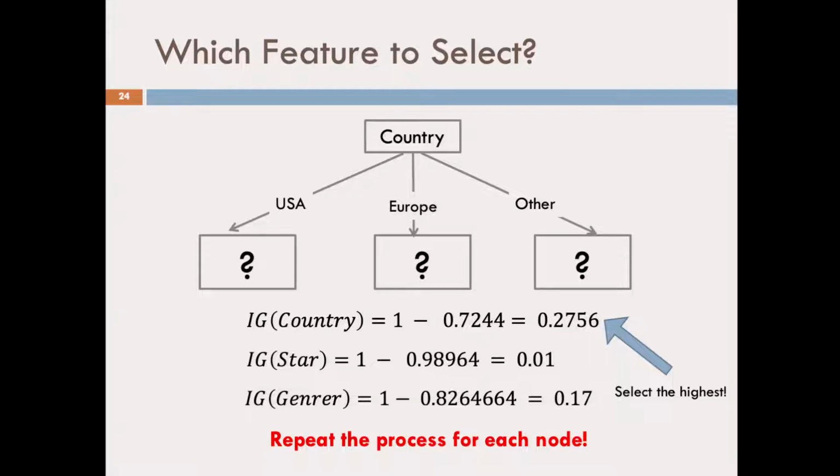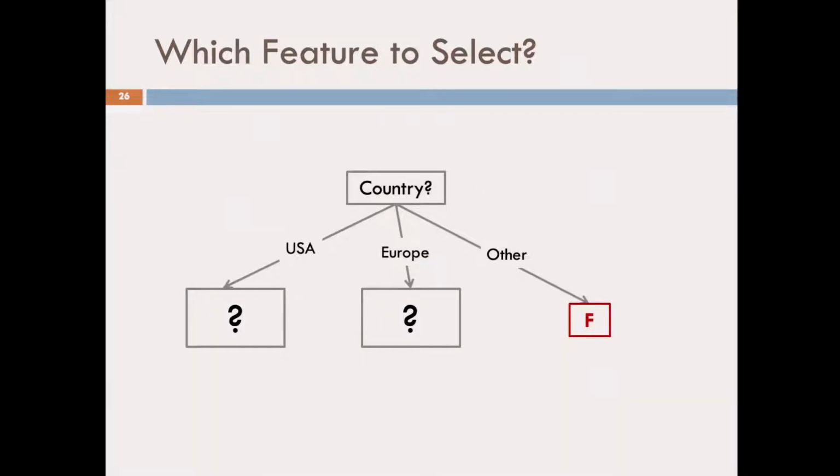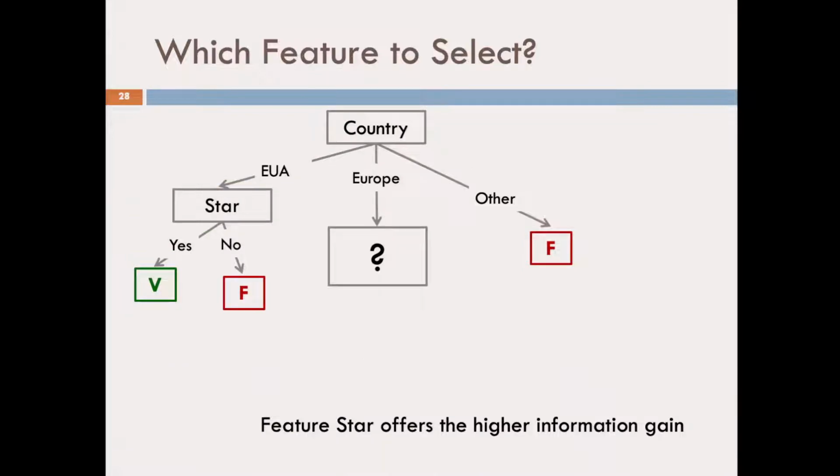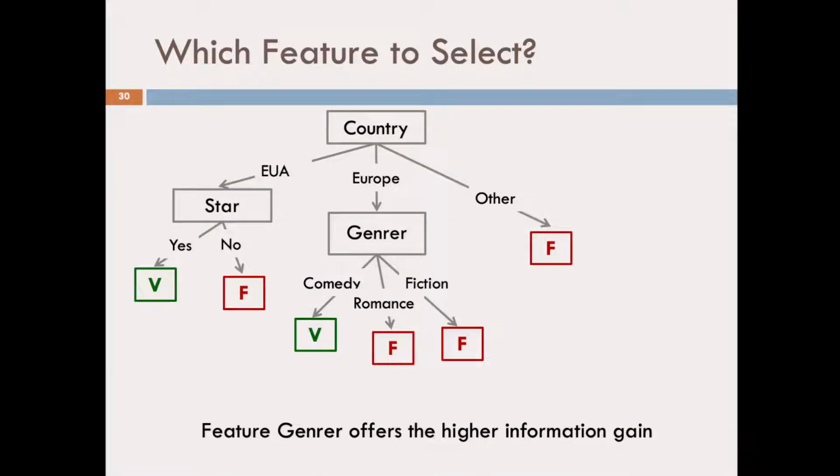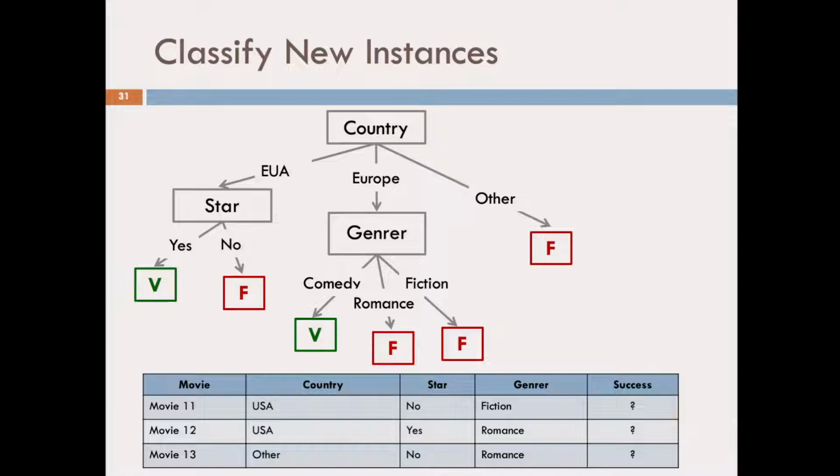We just repeated the process. We have our final decision tree, and now we can apply this decision tree to new data. Suppose I have new data, movie 11, 12, 13. I just have to apply the instance to the decision tree and follow the path given by the features.